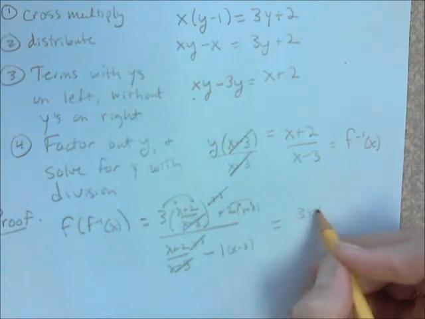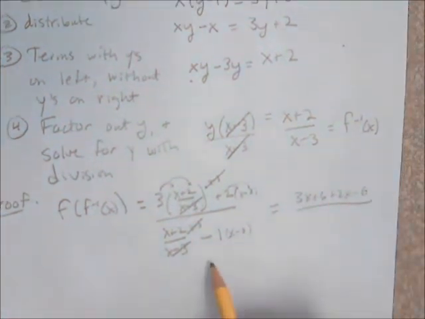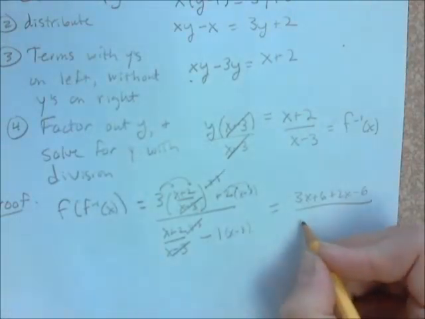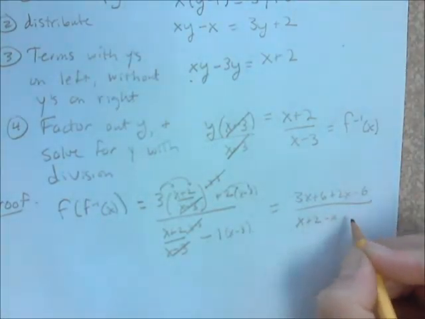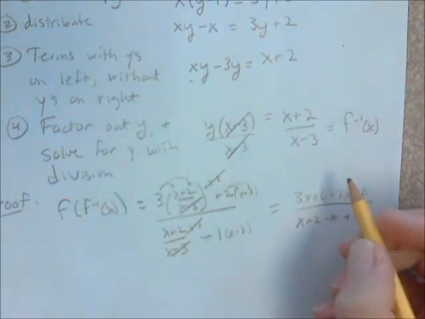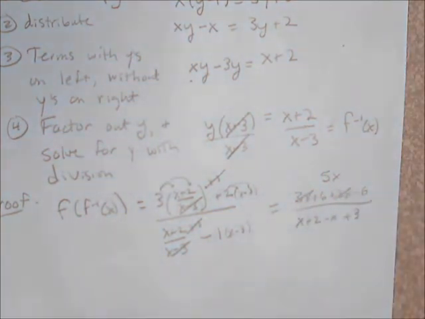And we get 3x plus 6 plus 2x minus 6, all over x plus 2 minus x minus a negative 3 is plus 3. So 3x plus 2x is 5x when you combine those like terms.